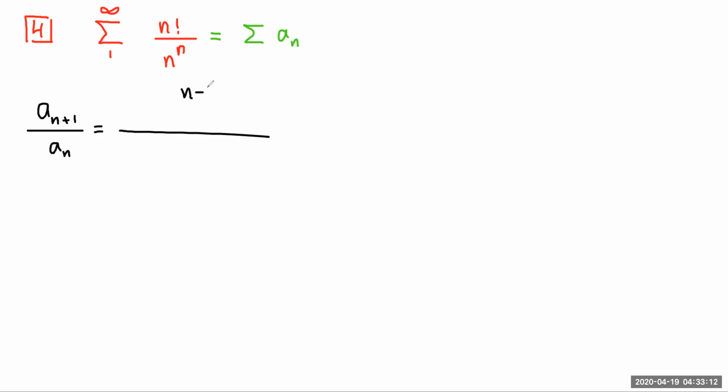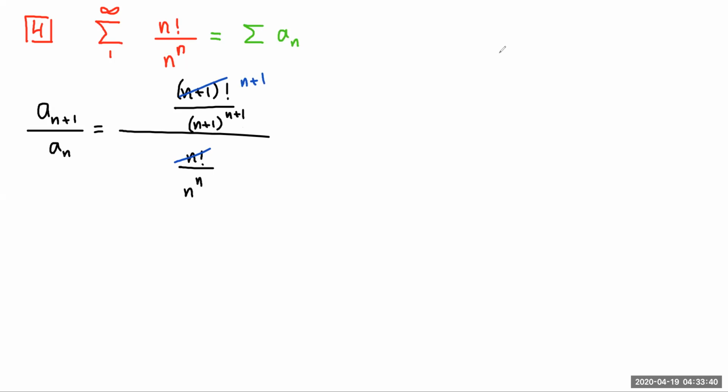So it's n plus 1 factorial over n plus 1 power n plus 1, over n factorial over n power n. So let's cancel n factorial with n plus 1 factorial here. After canceling, I will have n plus 1 up.